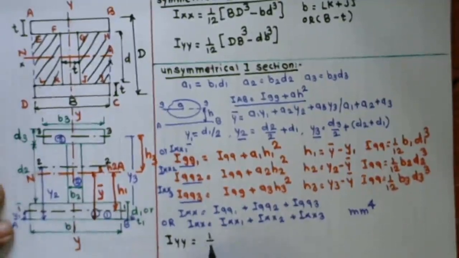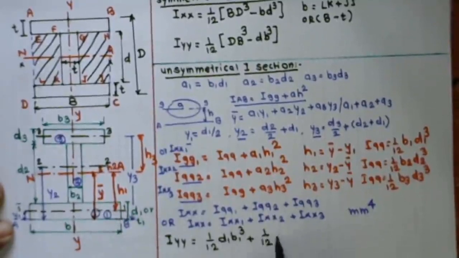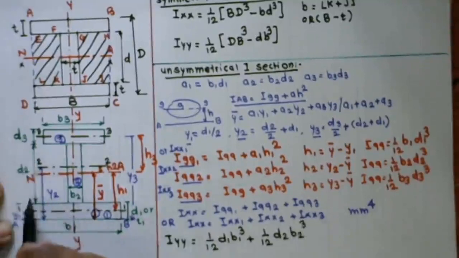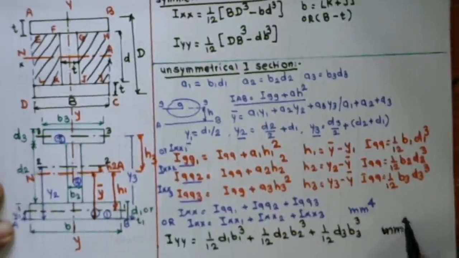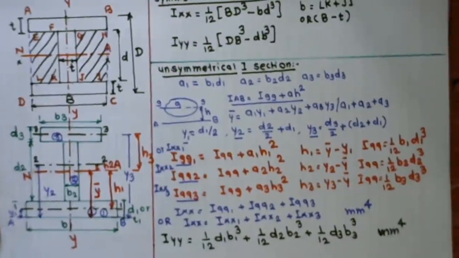So it is 1 by 12 d1 b1 cube plus 1 by 12 d2 b2 cube plus 1 by 12 d3 b3 cube, unit mm raised to 4. In this way we can calculate the moment of inertia for symmetrical and unsymmetrical sections.